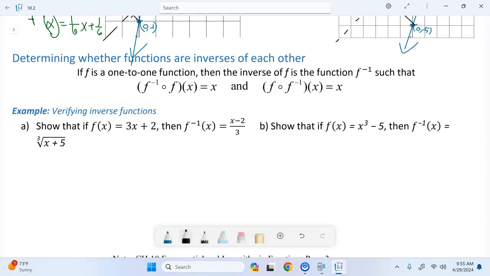If I compose a function into its inverse and the inverse into the function, and it always simplifies to give me x when I do both of those, mathematically, that's how we see that symmetry, and we can verify that they are inverses of each other. So we can do f inverse of f of x, and we can also do f of f inverse of x. And if they both equal x, then we know they are inverse functions of each other.